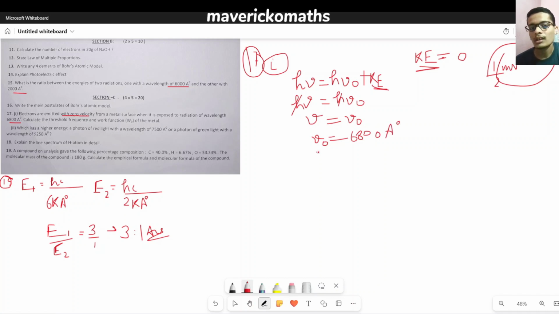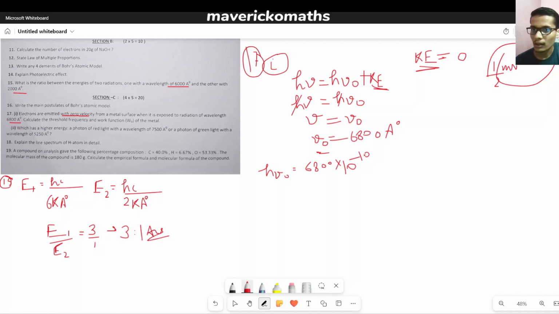6800 angstrom will be the threshold wavelength here, but to calculate the work function, that is w naught, we have to multiply it. While finding the work function, we have to make this whole thing in SI units, so it will be 10 raised to power minus 10.